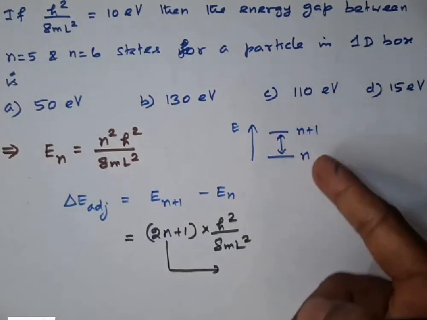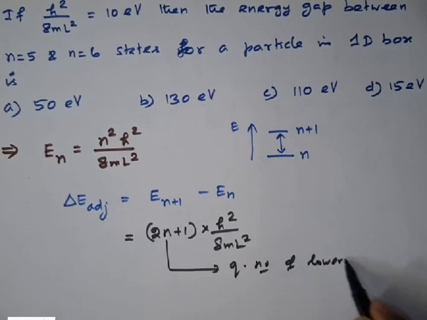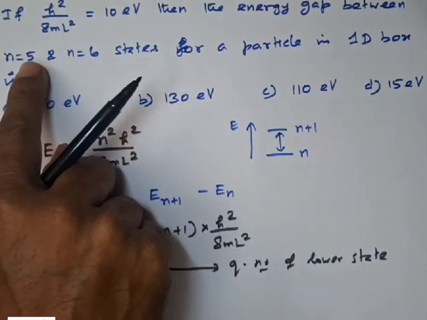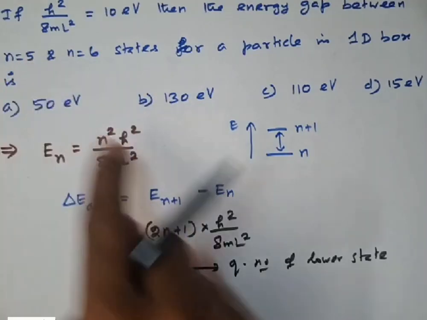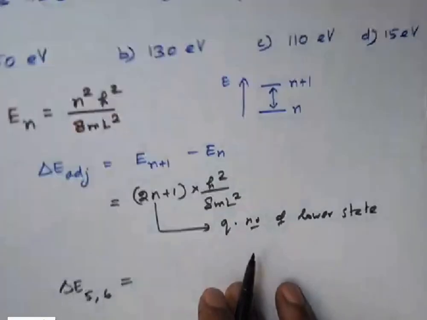Among the two, which is the lower state? This one. So this gives you the quantum number of the lower state. In this case, they are asking the gap between 5 and 6, so the lower state is 5. So in the place of n, you put 5. So the gap between the n equal to 5 state and the n equal to 6 state is, in the place of n, you put 5. 5 into 2 is 10, 10 plus 1 is 11.